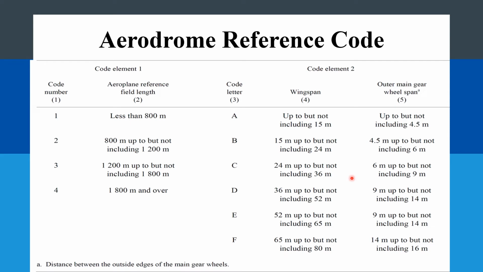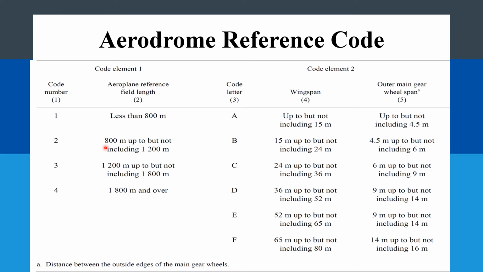So when you are looking at the characteristics of the aircraft, you combine the wingspan and the outer main gear wheel span to determine your code element 2. And for code element 1, you look at your aeroplane reference field length.